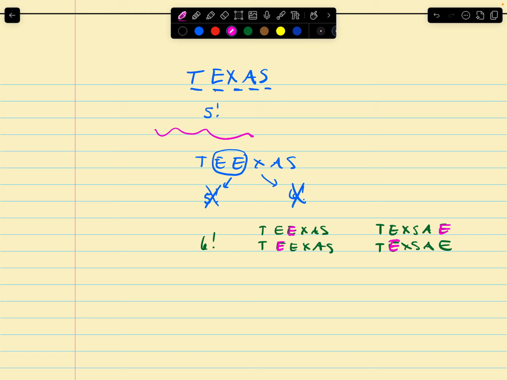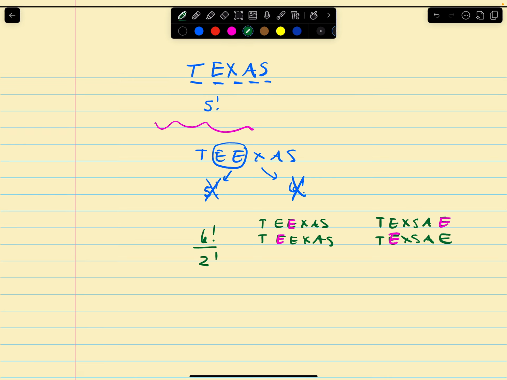And in fact, wherever I move those 2 E's, 6 factorial is overcounting them by a factor of 2. So we can easily fix this by dividing out 2. And to be clear, it's not just 2, although it is 2. It's all the arrangements of those 2 items. So it'd be better if we wrote it as 2 factorial.